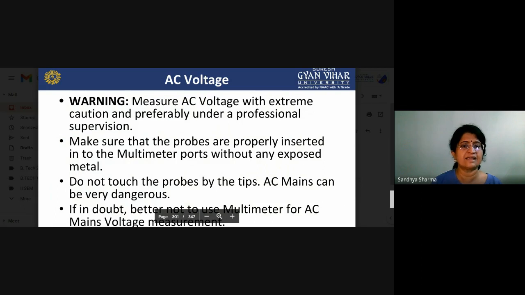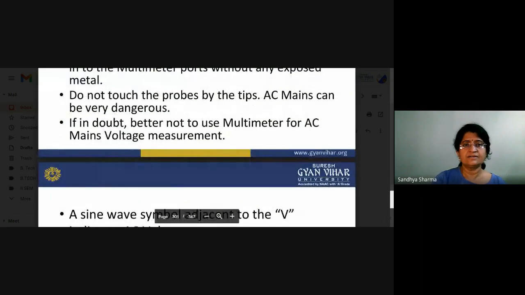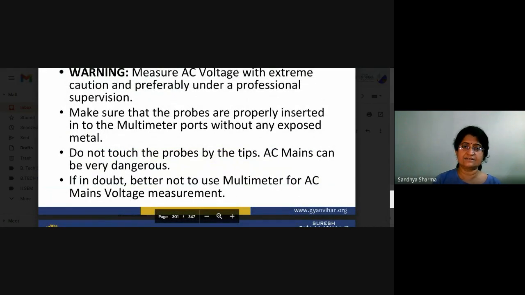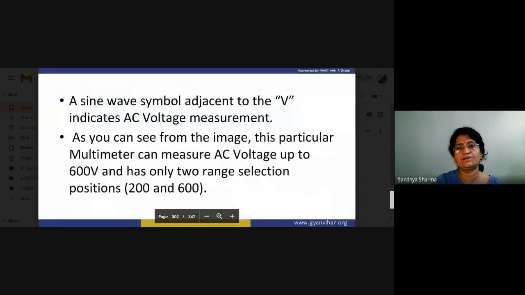AC mains can be very dangerous. This is a warning for students: you have to always remember it when you are working on AC signals. If in doubt, better not to use a multimeter for AC mains voltage measurement, because in the main supply a very high voltage exists.